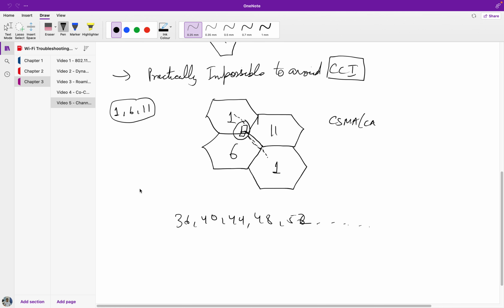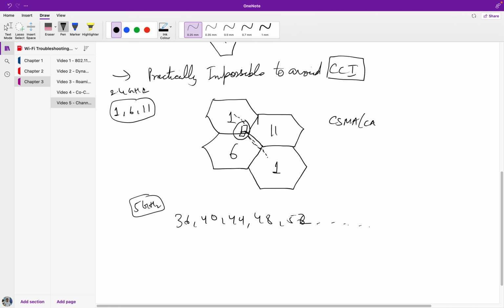We can in a way avoid CCI in 5 gigahertz, where it's very difficult to do that in 2.4 gigahertz. 2.4 is practically impossible, right? Nowadays we also have networks that support 2.4, and that's the reason why this is always going to be there. We can't get rid of that at all.